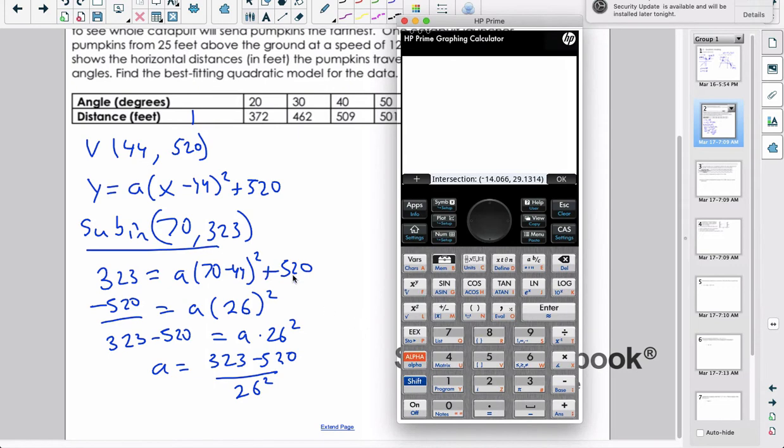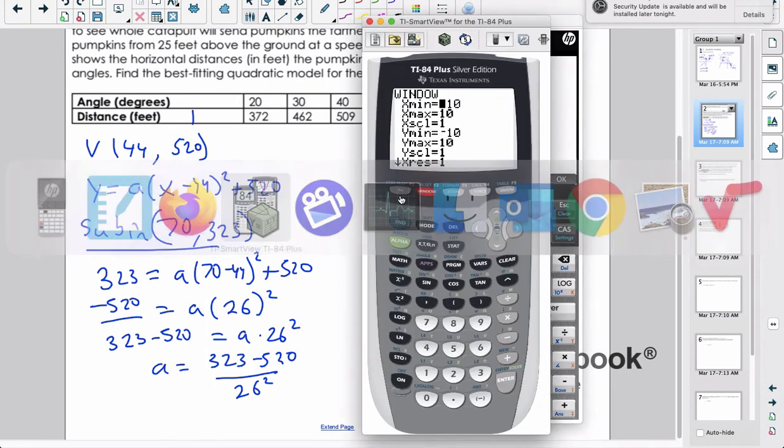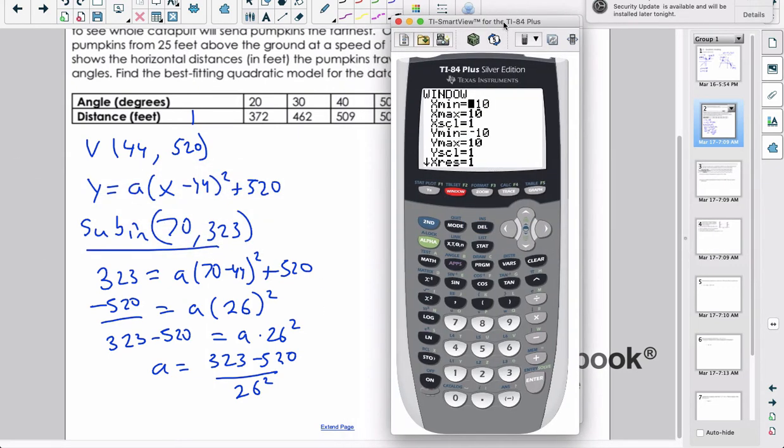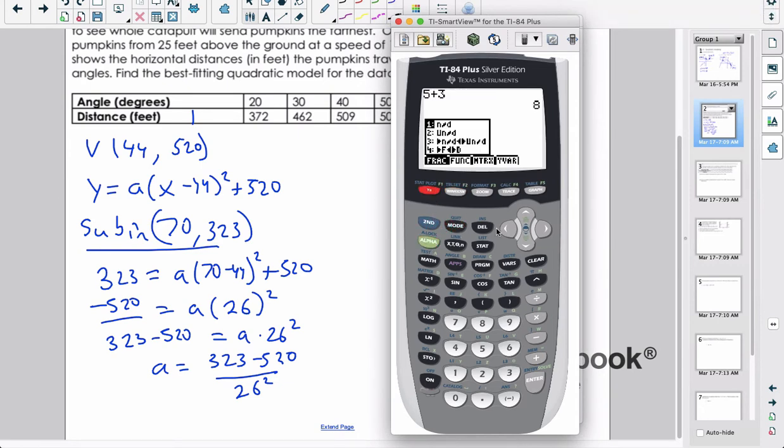It's actually easy on the HP Prime, but I'm going to show it on the TI-84 again. We go quit, alpha, y equals, and type in 323 minus 520 divided by 26 squared. Now that's a fraction. Let's see what it looks like as a decimal.